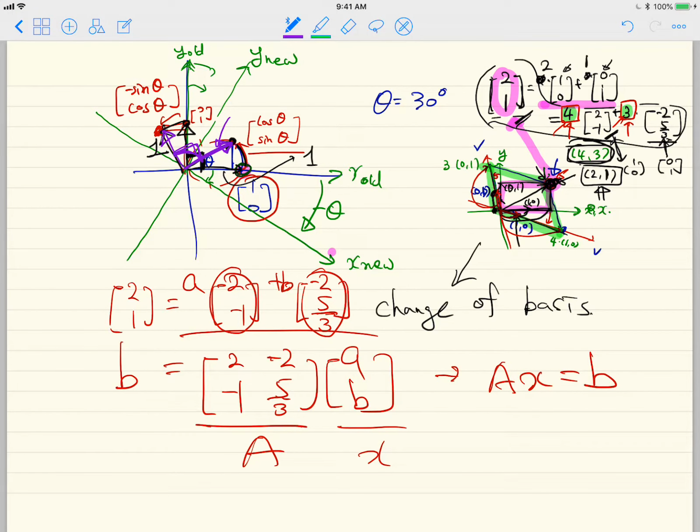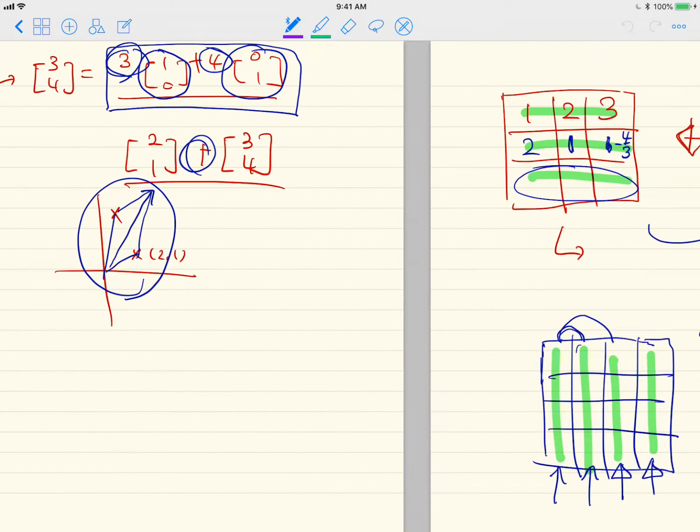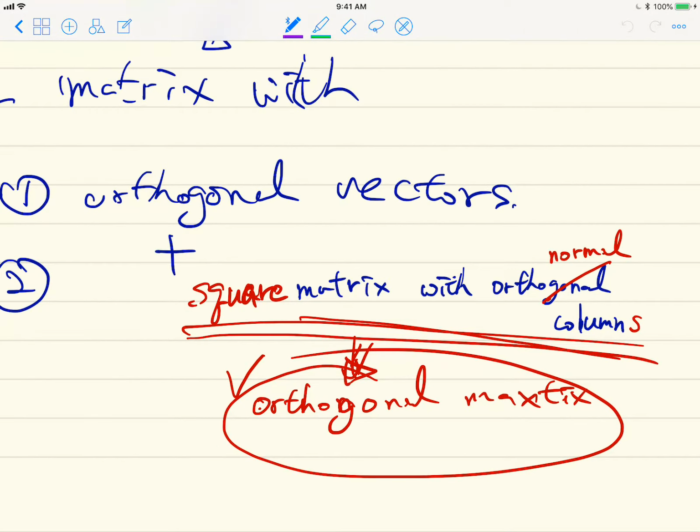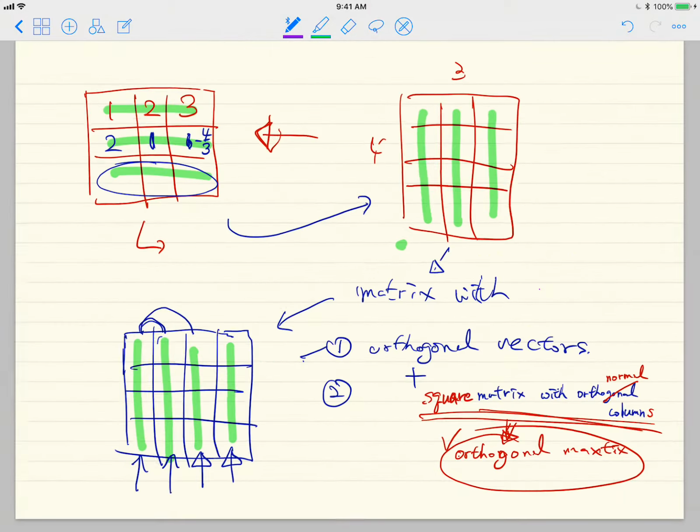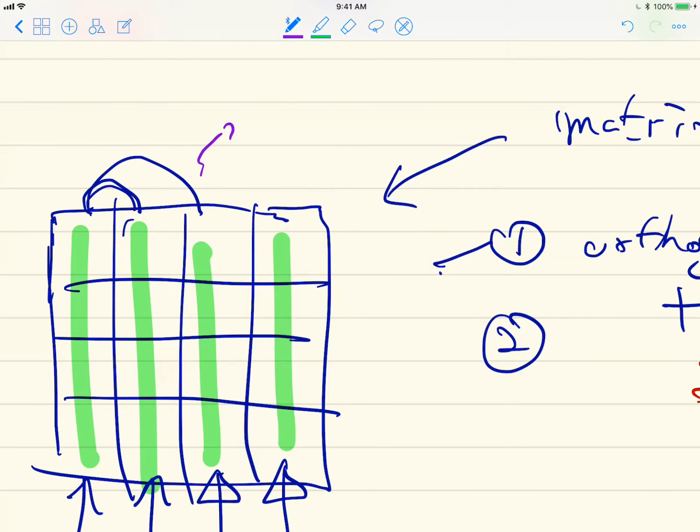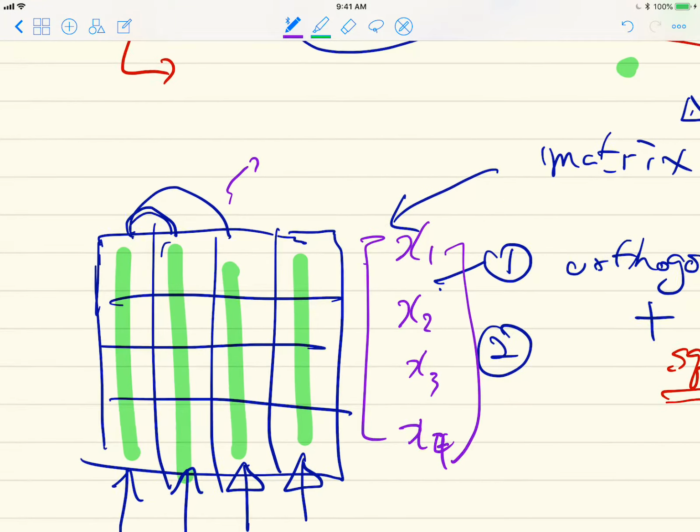Okay, now let's verify that this is really true in the case of the orthogonal matrix, from the perspective of its definition. So what was the definition again of this orthogonal matrix? A square matrix with orthonormal columns. Square matrix means, if you have a 4 by 4 matrix, then from the perspective of transformation, it will take a 4-dimensional input vector.